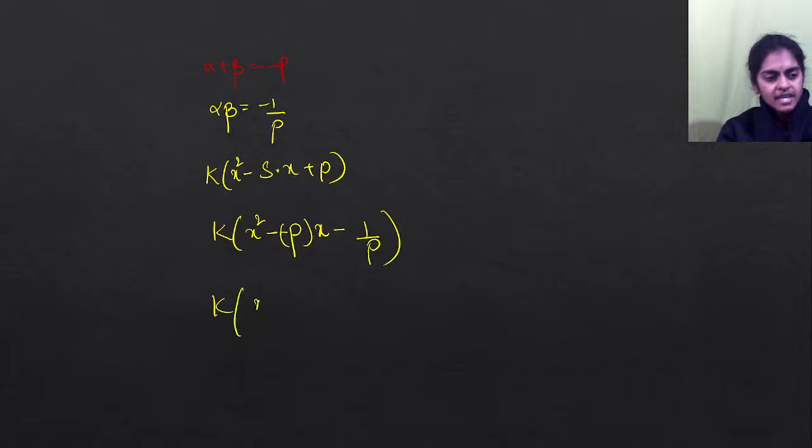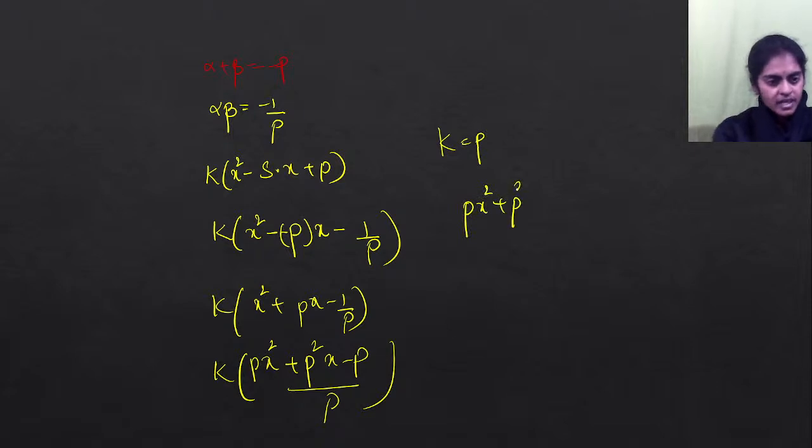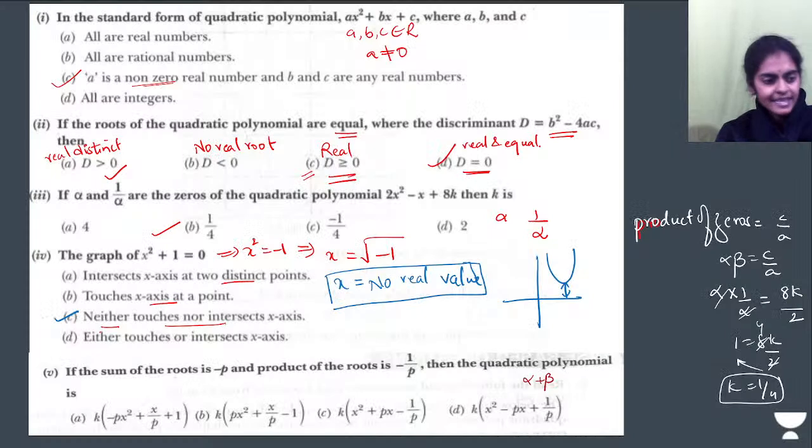So k times x square plus px minus 1 by p. Or if I take k as p, ये देखो, I am writing this as px square plus p square x minus p by p. So if you take k as p, your polynomial will be px square plus p square x minus 1.